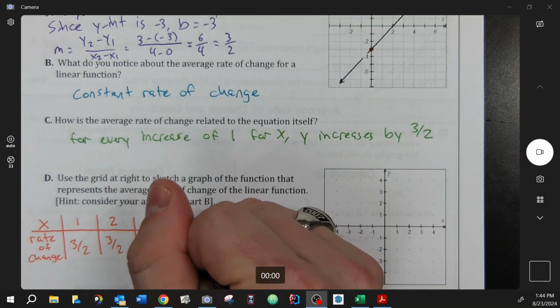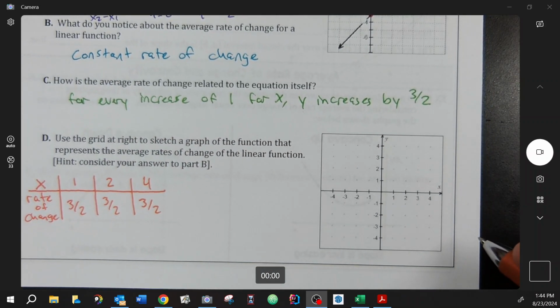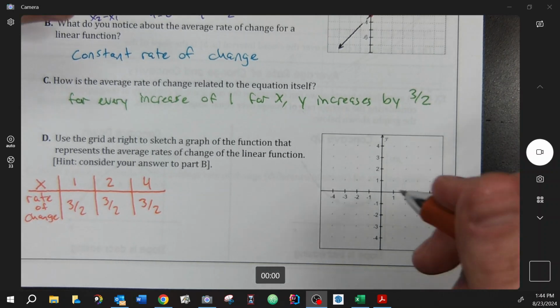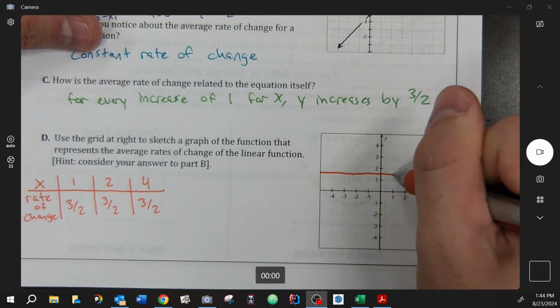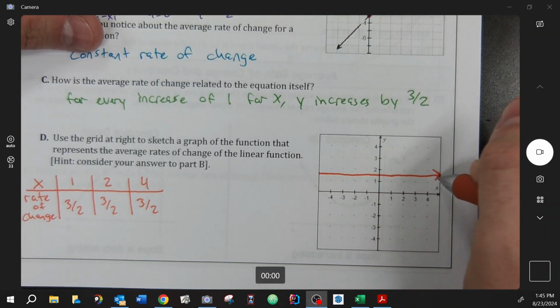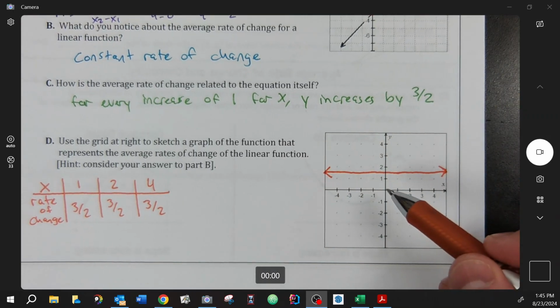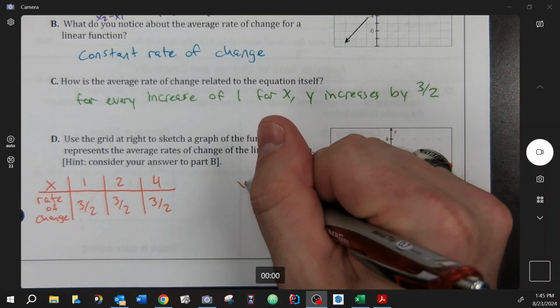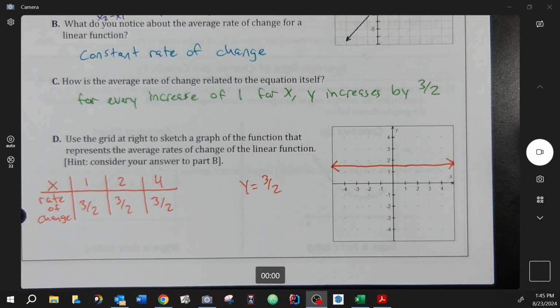It's unchanging. If you plot these points and connect the dots, it's a horizontal line. This line is y equals 3 over 2. There's no x because it's constant.